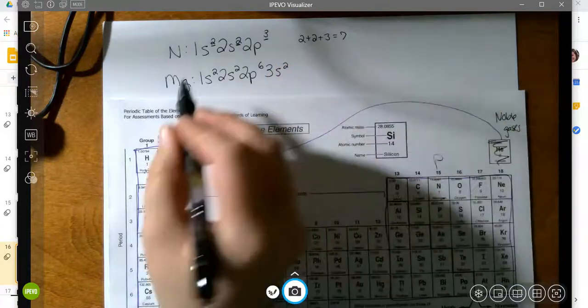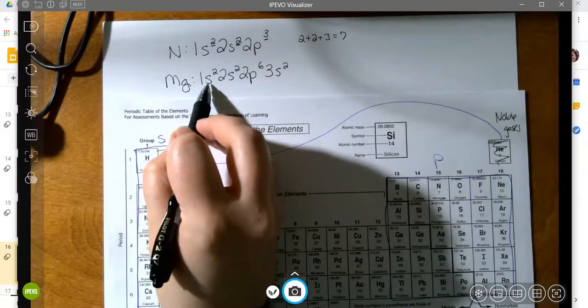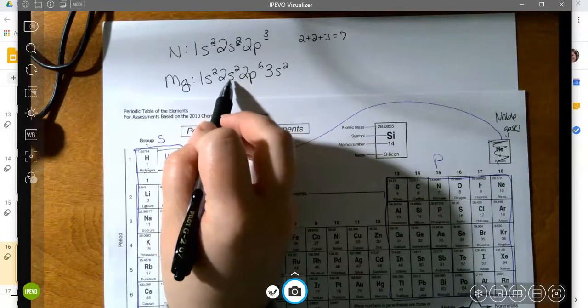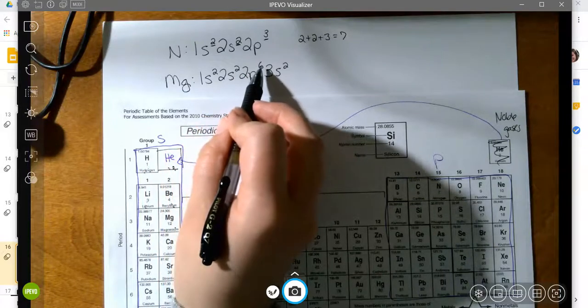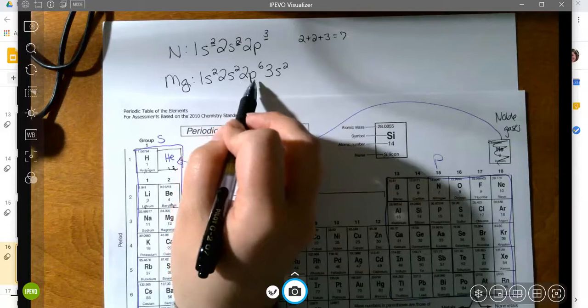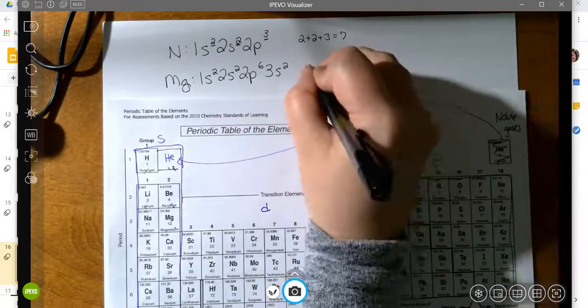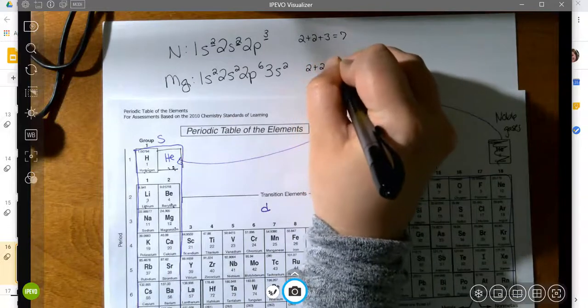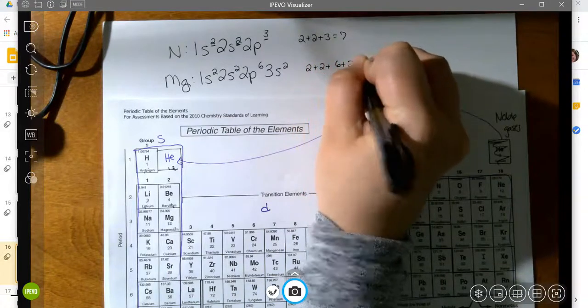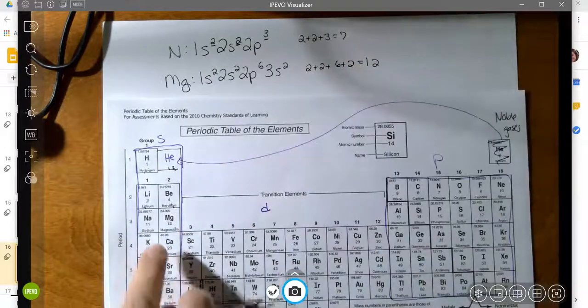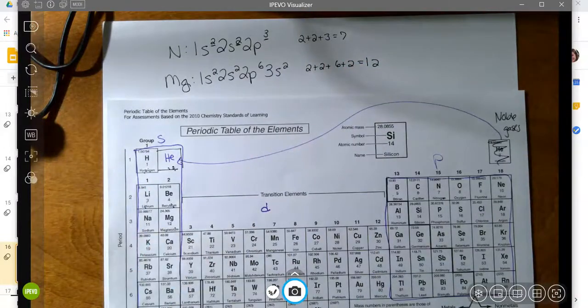So what this means is that I have 2 electrons in the 1s orbital, 2 electrons in the 2s orbital, 6 electrons in the 2p orbitals, and 2 electrons in the 3s orbital. And again, when I add these all together, I get 12, and that's how many electrons magnesium has.